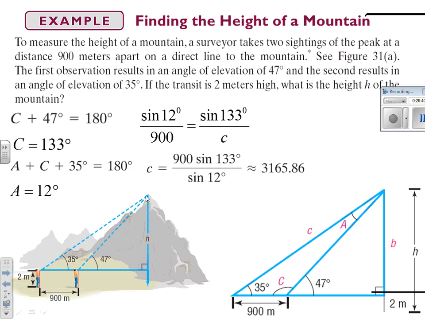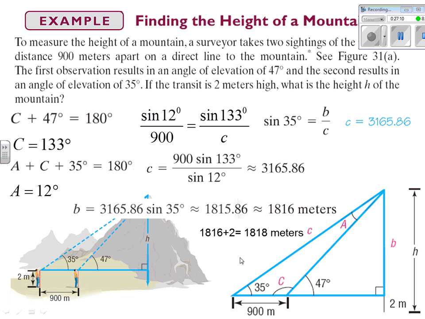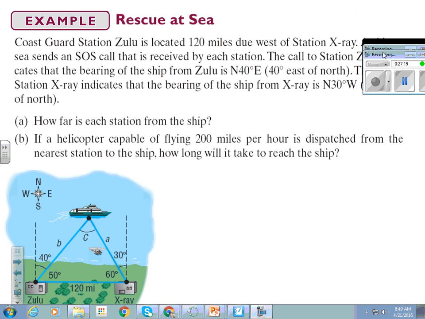That's this distance right here, the C. So 3165.86 times sine of 35 is 1815.86, which is about 1,816 meters. We need to add the 2 from the bottom where this guy is standing to get the height. So that's 1,818 meters.